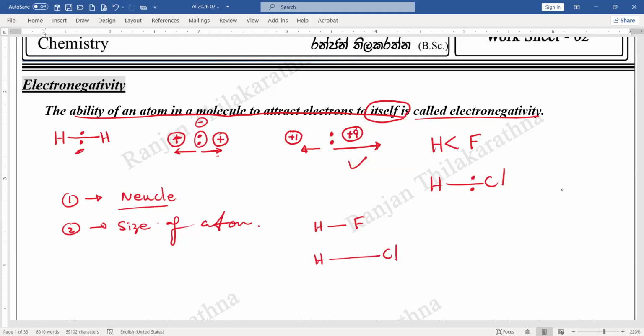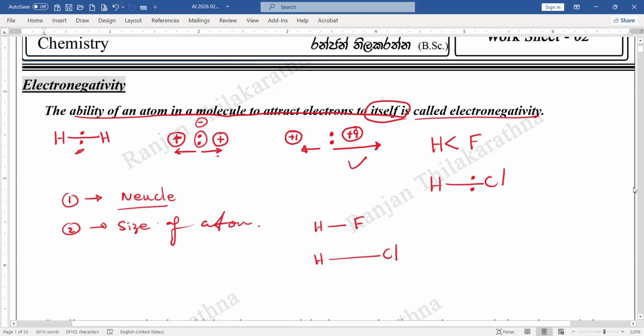Therefore, the attractive power on the electrons by the chlorine nucleus is relatively lower compared to that of fluorine. Therefore, although this chlorine has a higher nuclear charge, it has a lower electronegativity.